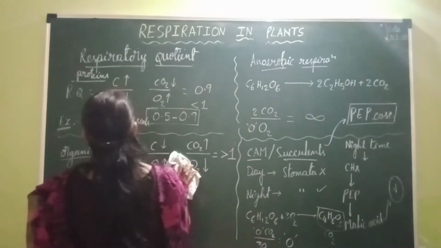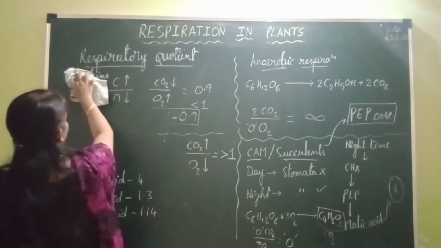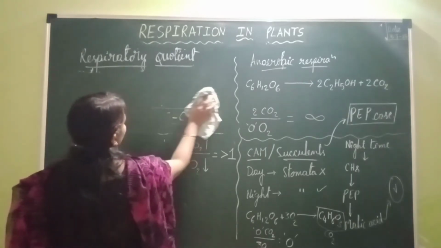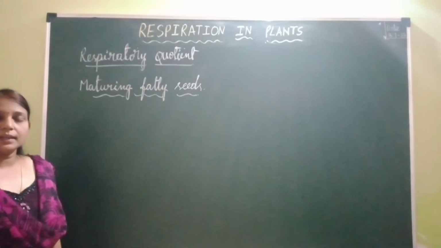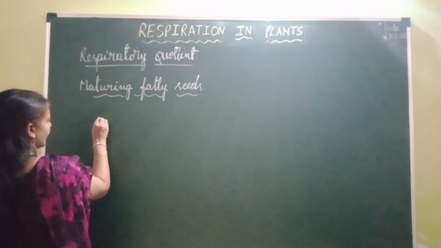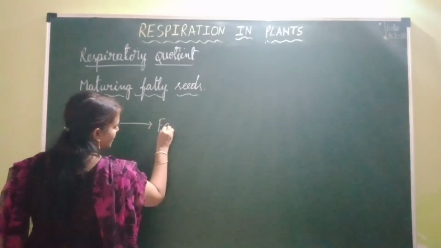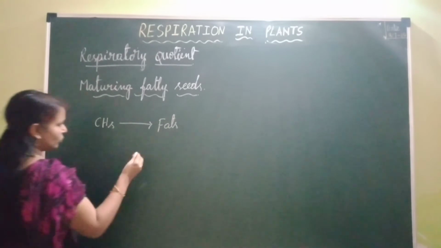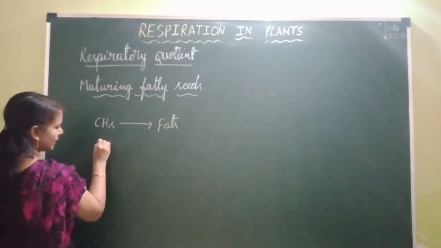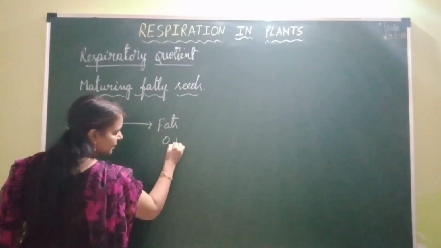Next, coming to maturing fatty seeds. Now let's study the RQ value of maturing fatty seeds. In maturing fatty seeds, carbohydrates will be converted into fats. The amount of oxygen present in carbohydrates is more than the amount of oxygen present in fats.